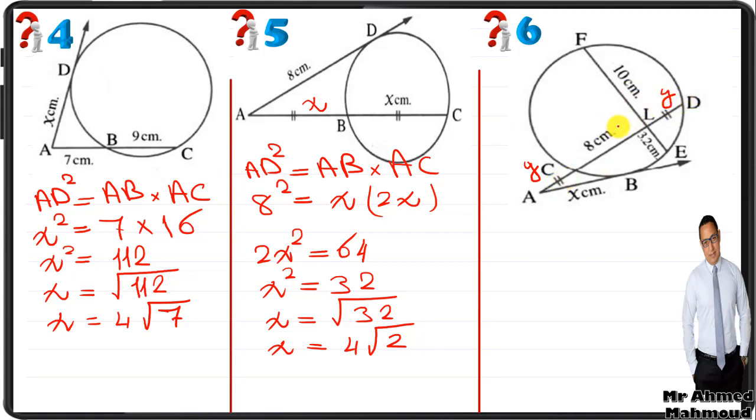Now back to the circle. Inside the circle, LD times LC equals LE times LF. Again, LD times LC equals LE times LF. So 8y equals 3.2 times 10.